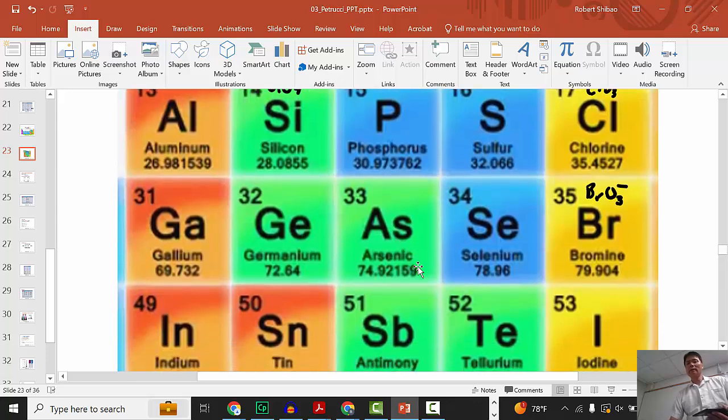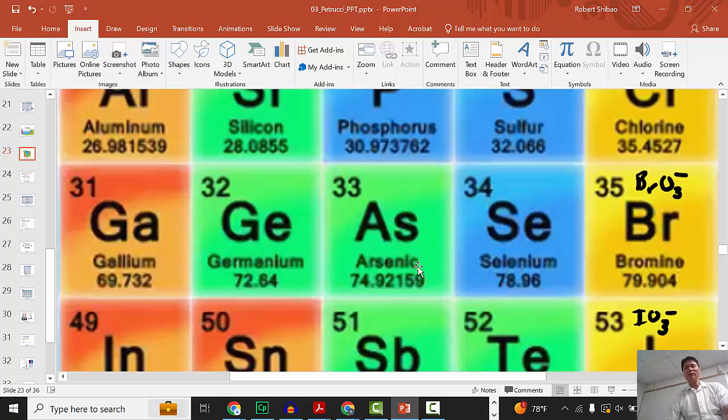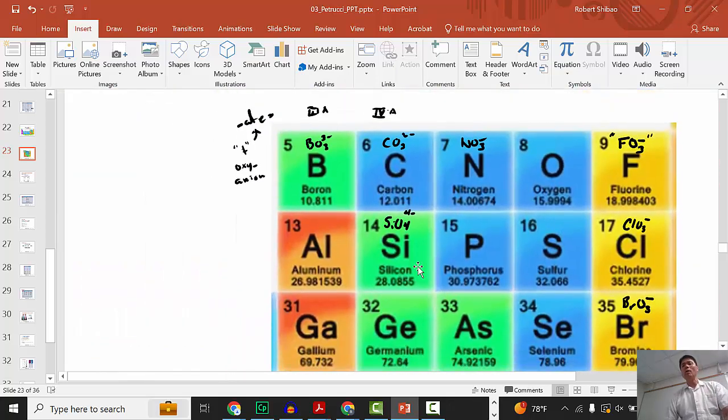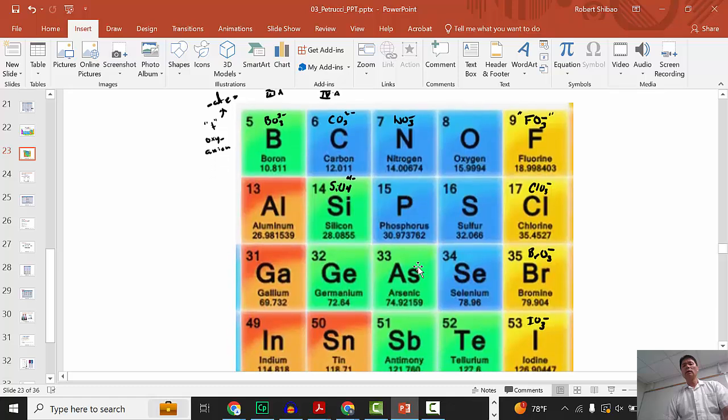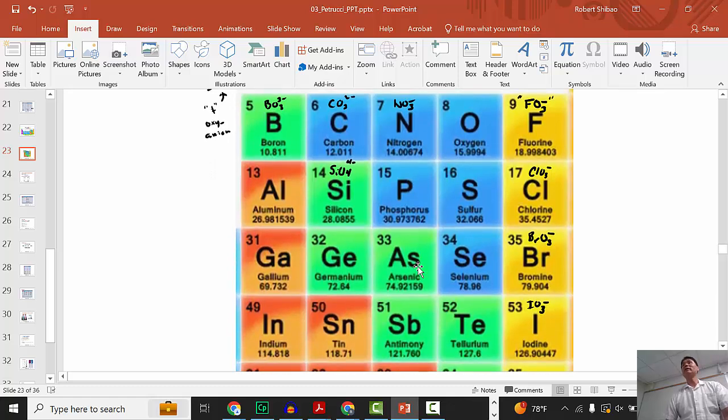Iodate. IO3-. All right, do you see a pattern there? And so if you recognize a pattern, then one, it makes remembering these easier, right? If you recognize a pattern, then you can derive it.